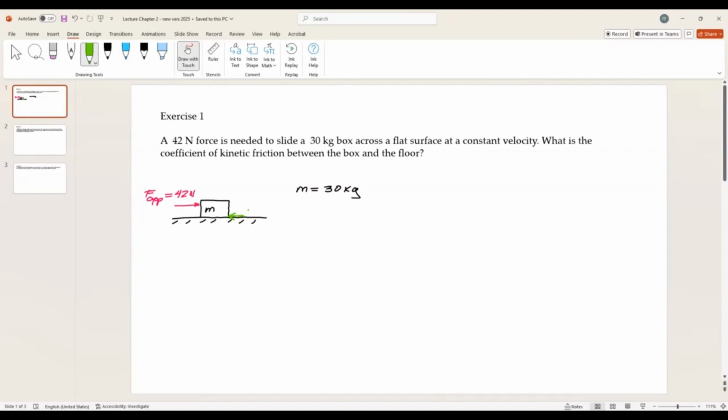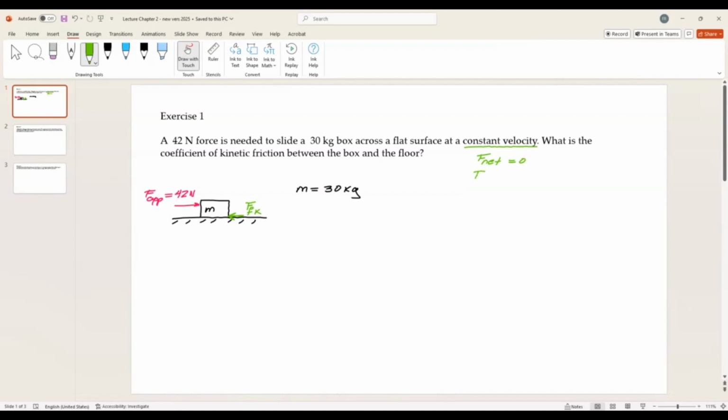And while the box is moving, the force of friction that is acting is the kinetic friction. So we don't know this force of kinetic friction, but we know that in this case the velocity is constant, then the net force needs to be equal to zero.